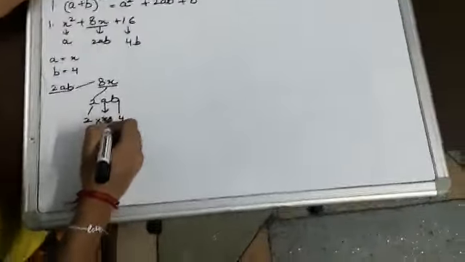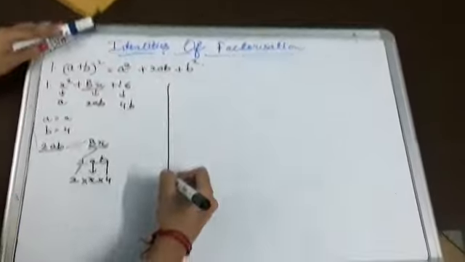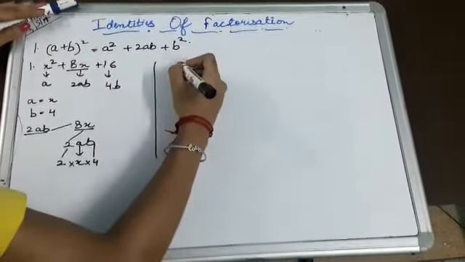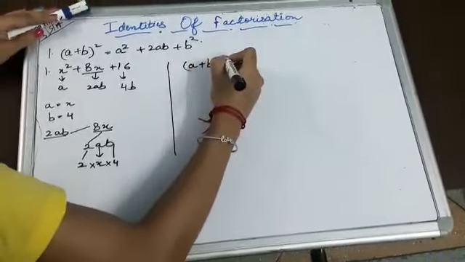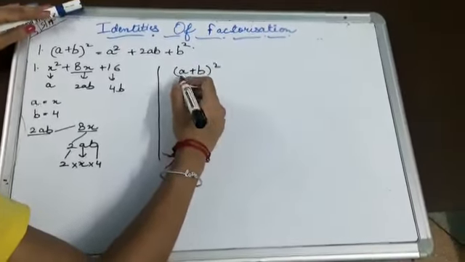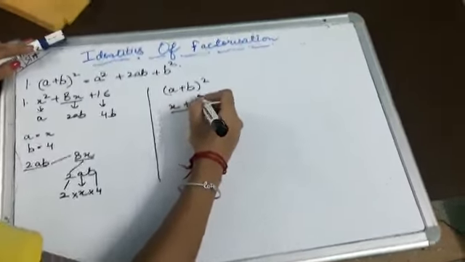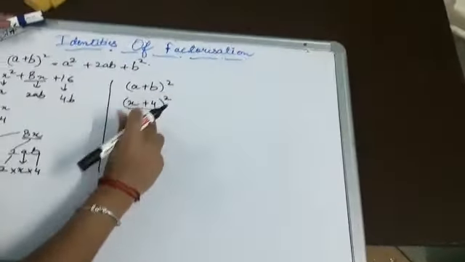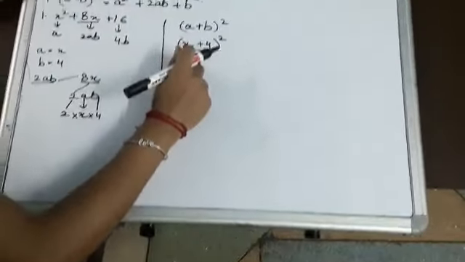That is 2 multiply x multiply 4. So in this we see that it is (a plus b) whole square, where a is x and b is 4. So (x plus 4) whole square is the identity of this (a plus b) whole square.